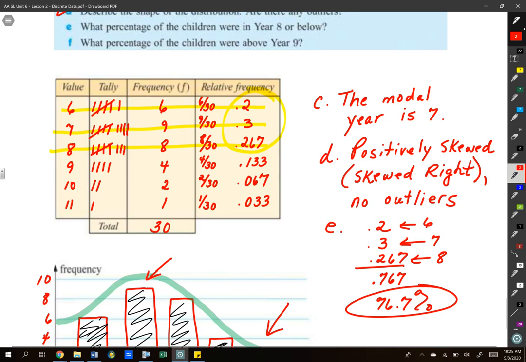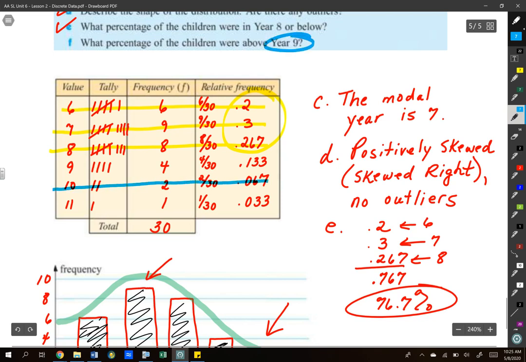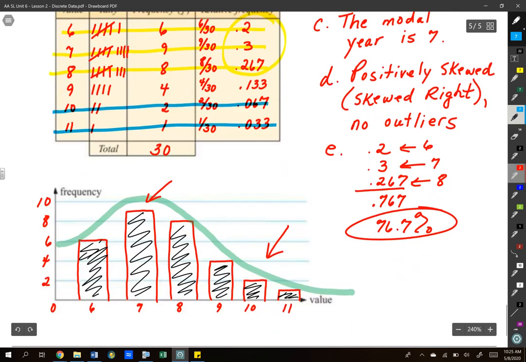All right, so for letter F, we took care of this guy. For letter F, what percentage of the children were above year 9? All right, so let's do blue for that guy. Above year 9, so greater than 9, would be 10 and 11.